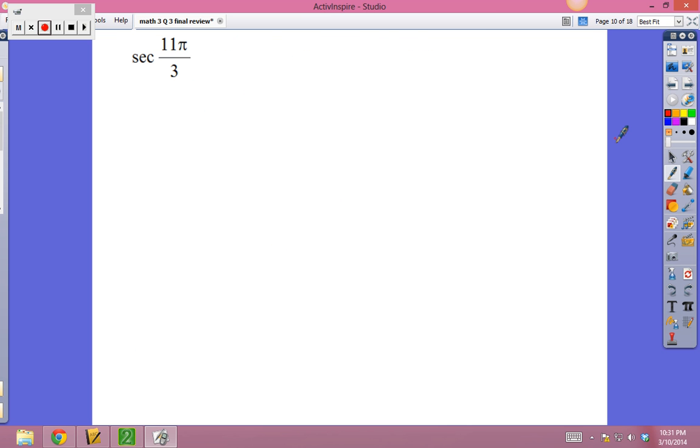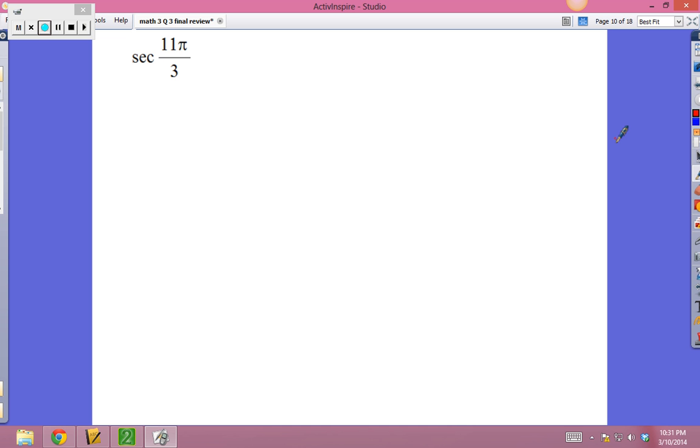Okay, now secant of 11 pi over 3. Hopefully you recognize that's in radians. So let's maybe either count by radians or switch it to degrees. So maybe we'll do one of each. If we're going to change it to degrees, we're going to multiply by 1. So we're going to times by a fraction.